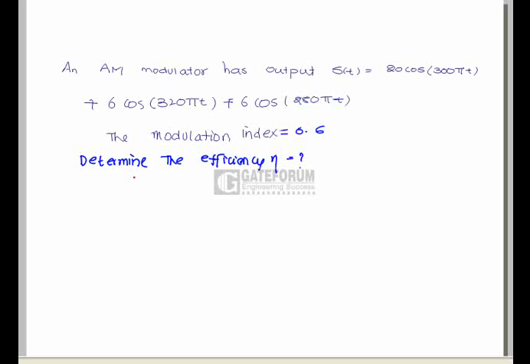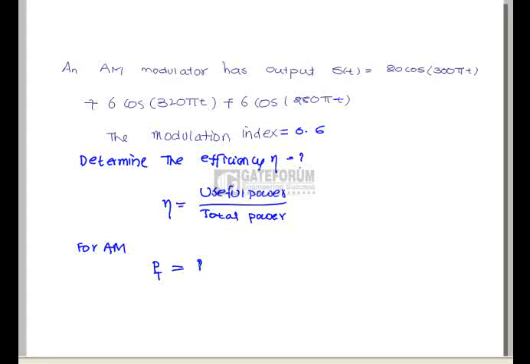An AM modulator has the given AM equation as output indicated by S of t. The modulation index is equal to 0.6. Determine the efficiency. Here the efficiency of an AM modulator is defined as useful power divided by the total power. We know for an AM, PT, that is the total power, equals carrier power times (1 plus mu square by 2), where mu is the modulation index.